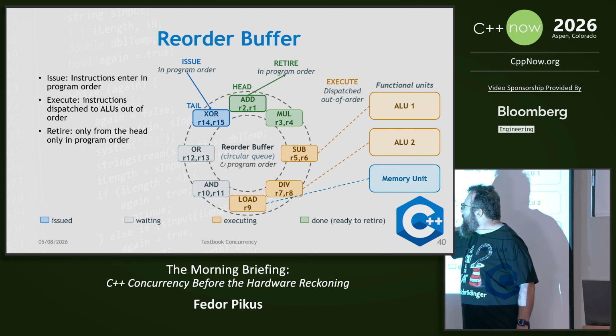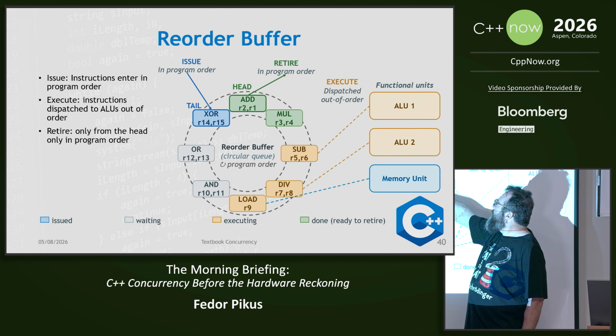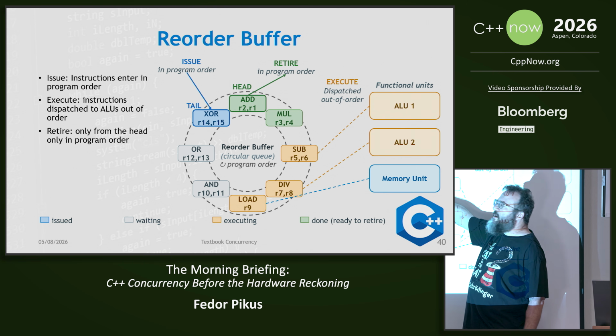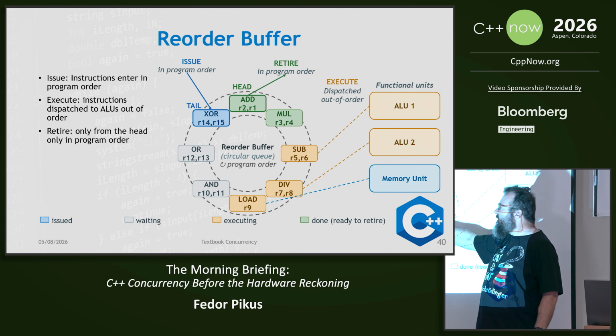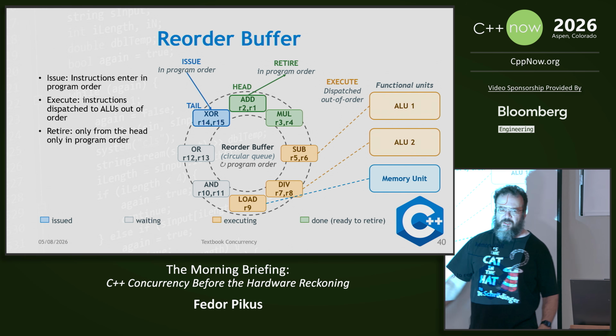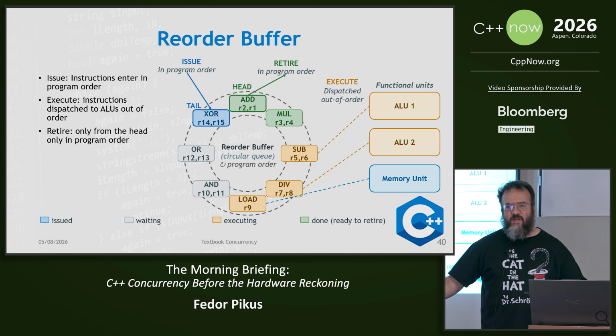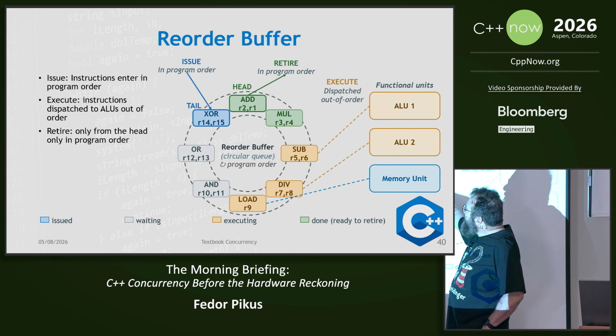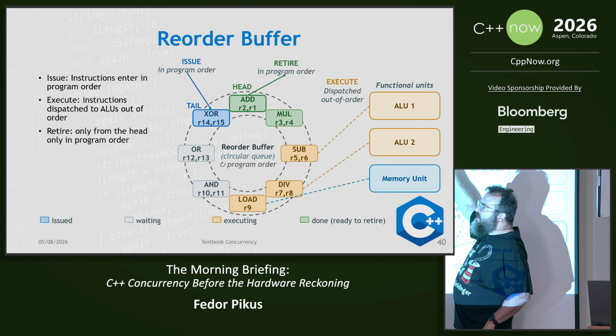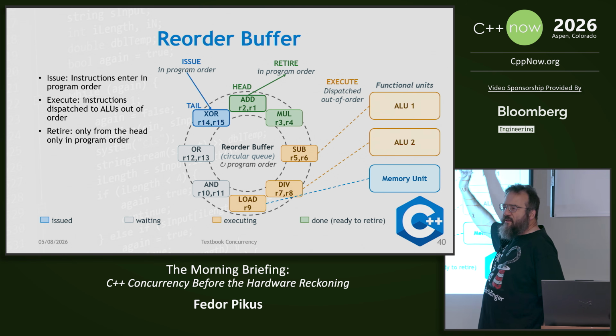When it makes its way around the queue, it has to retire. So it cannot retire before it's executed. If you reach the end of the queue and you haven't executed this instruction, the whole thing stalls and waits for that instruction to execute. But if that instruction was already executed, when it reaches the head of the queue, it retires. At this point, it's done.